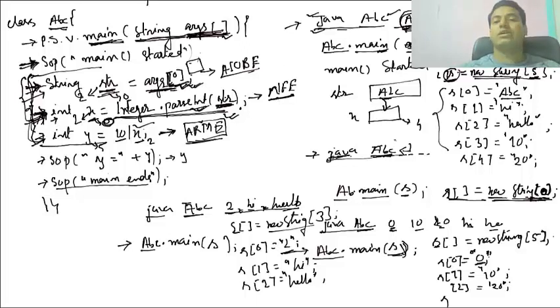In the second case, the user is not supplying any command line argument, so this is not going to get any value because the array size will be 0, and you are going to get an array index out of bounds exception. In the third case, the user is supplying a value, but the first element is 0. If the first element is 0, then the x value becomes 0, and 10 cannot be divided by 0, so here you are going to get an exception, right?